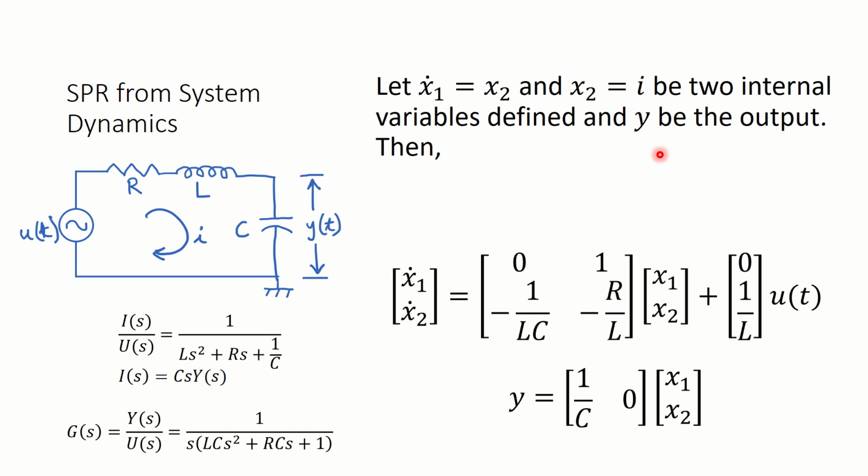Maybe in place of x2, you could define some other state, like the voltage drop across this resistance R, and then try to derive the state space representation. It would also be another exercise for you.